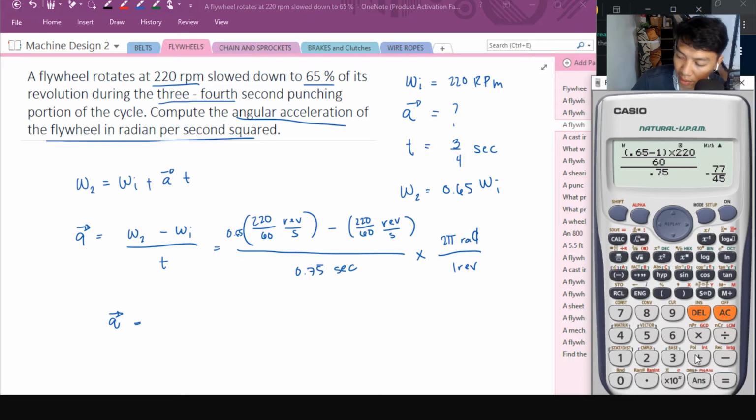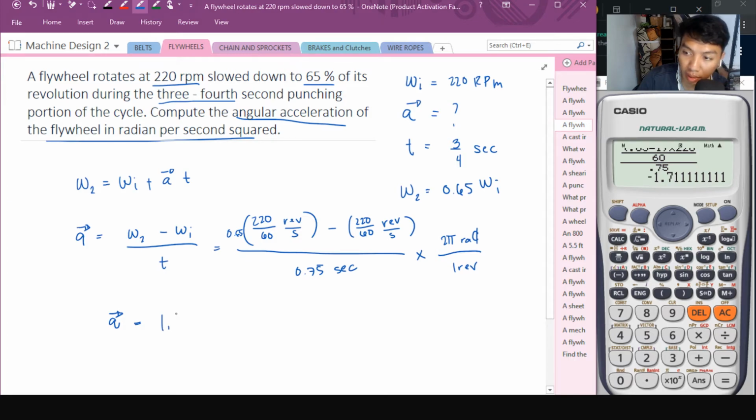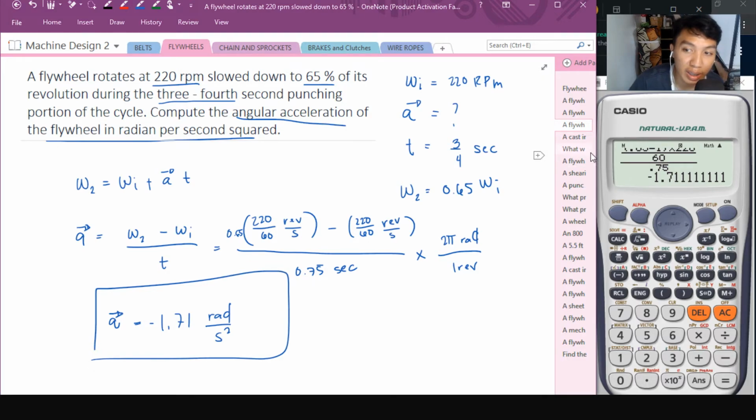So, the answer there will be negative, naka-minute to. Tama, seconds na. Okay, 0.75 seconds. 60. Okay na. That is negative 1.71 radians per second squared. That is for problem number 3.